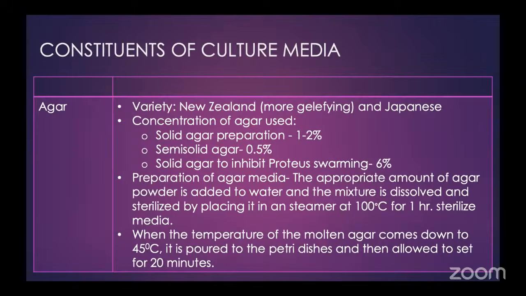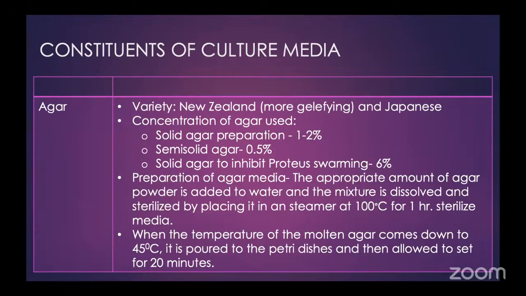Now, what are the agar varieties across the world? First variety is the New Zealand variety, which is more gelling, and there is another one which is the Japanese variety. In a solid preparation like blood agar or nutrient agar, usually 2% is used. Another viva question: for semi-solid, 0.5% is used.